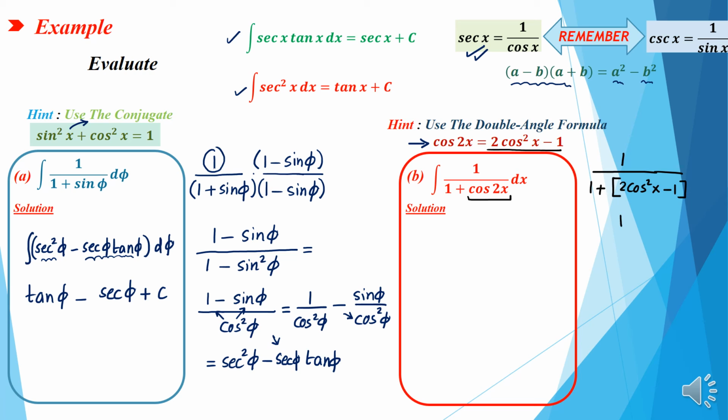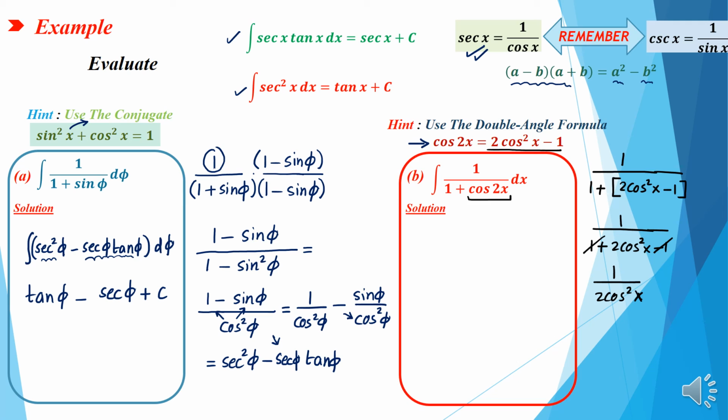So this is equal to 1 over 1 plus 2 cosine squared x minus 1. Now we can cancel 1 with minus 1, and you'll get 1 over 2 cosine squared of x.